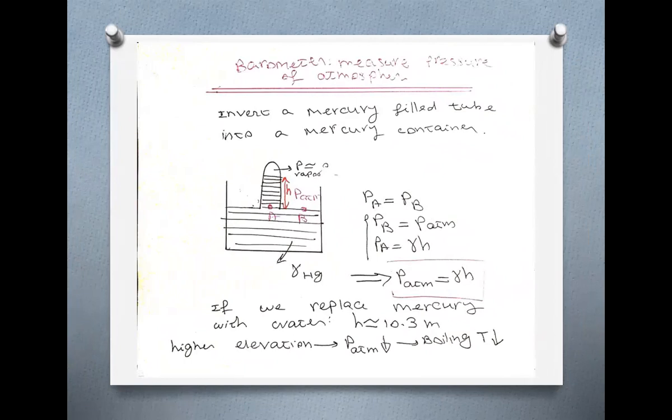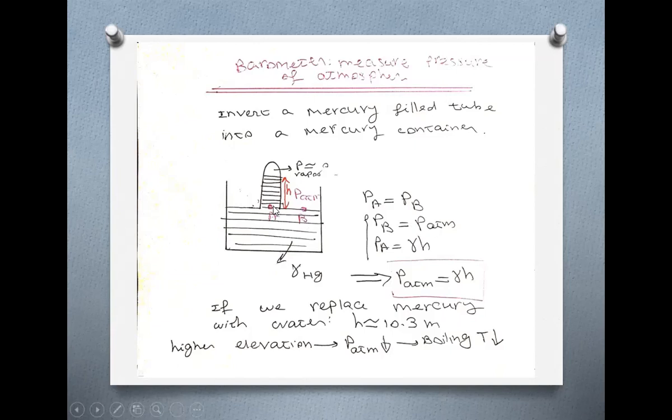It's basically a liquid metal, right? And you turn it upside down, you invert it into this container. You know that pressure at B is exposed to the atmosphere. It's the pressure of the atmosphere, because on top of this free surface is the atmospheric pressure. So pressure at B is equal to atmospheric pressure, and you are looking for atmospheric pressure. So all you have to do is just measure pressure at B.